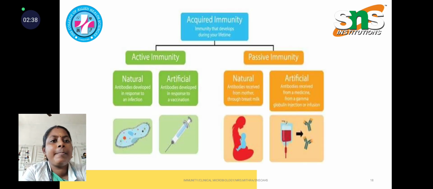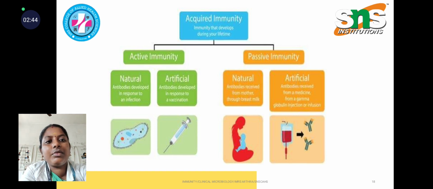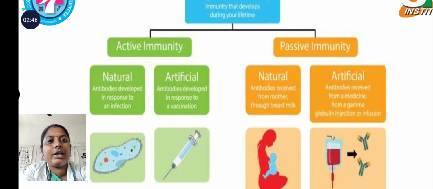Coming to the flow chart, active immunity is of two types, natural and artificial, and passive immunity is also of two types, natural and artificial. Antibodies developed in response to an infection are natural, and antibodies developed in response to vaccination are artificial. So there is active natural immunity and active artificial immunity.